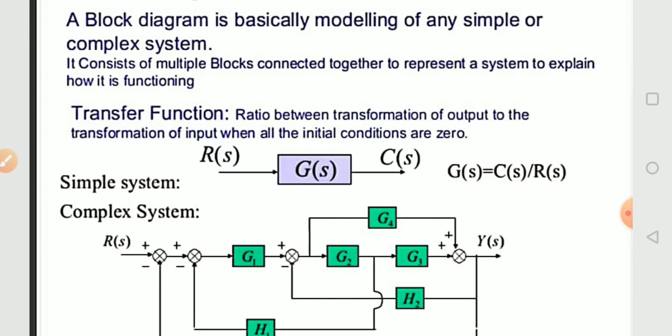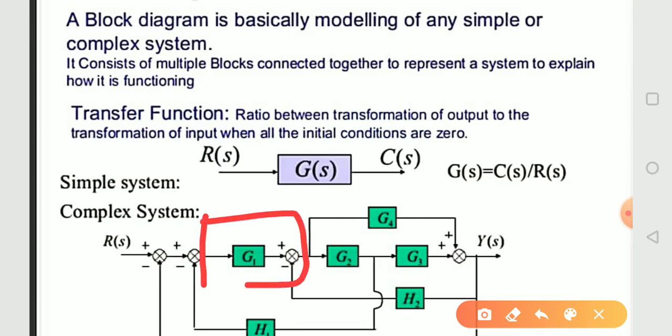It means this is a branch point. If some signal is coming from here, the same signal goes to here, A multiplied by G. So these three are very important elements for the block diagram concept.